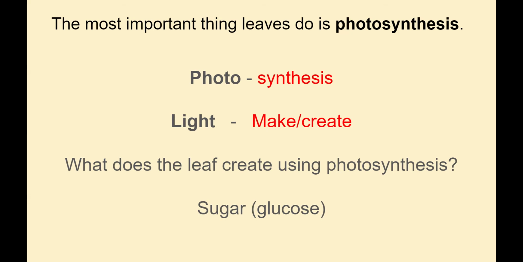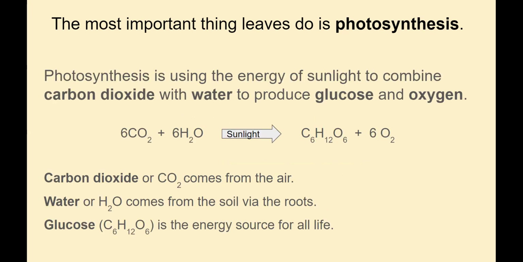So every cell in every living thing, and we said all living things are made of cells, we're humans, and we're made of trillions of cells. Each one of those cells needs energy to grow, to carry out its function in our body, and to repair itself when it's damaged. All of that takes energy. And that energy all comes from a sugar called glucose.